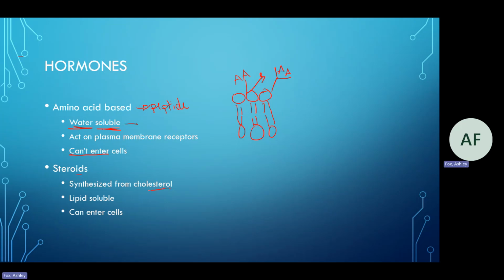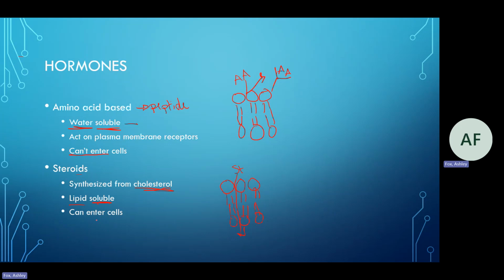Steroids, again, are made from cholesterol, so they are lipid soluble, meaning they dissolve in fat, so they can get along with fat. Remember, oil and water don't mix, but oil and oil or water and water mix. So we have the plasma membrane, and you have the steroid. It can just travel right through, hang out with the fatty acid tails, and go into the cells.